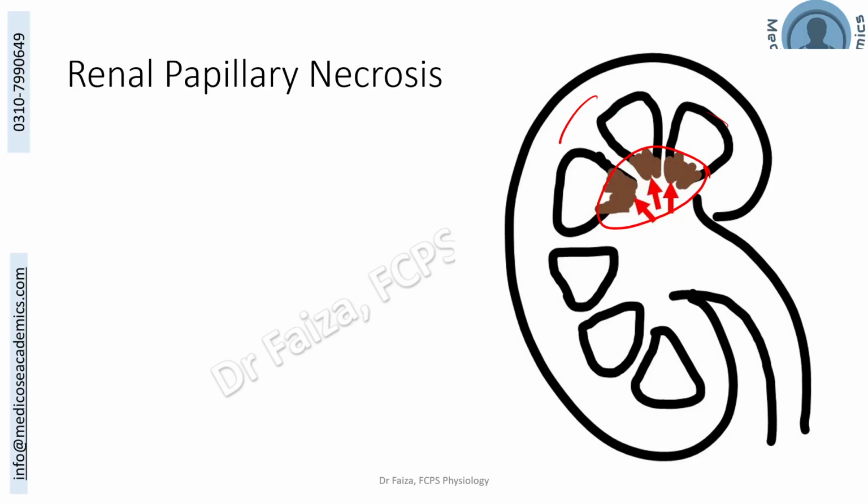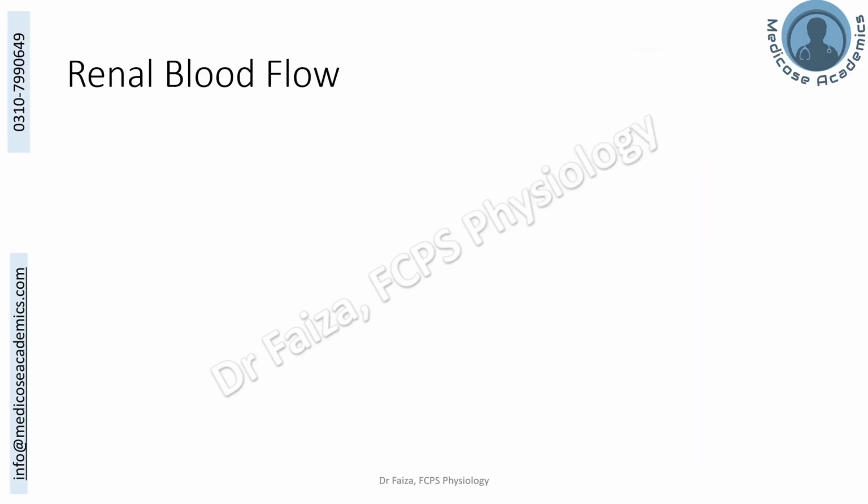We call it renal papillary necrosis because it was receiving such a low proportion of the blood supply that if the total amount of blood flow to the kidneys decreases, this is where the damage is going to occur first.